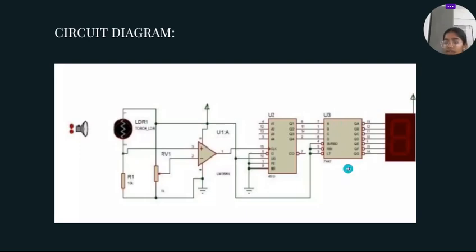U3 decodes the BCD input and drives the 7-segment display accordingly. The 7-segment display is connected to the output of U3 and displays a number 0 to 9 depending on the input from the counter.